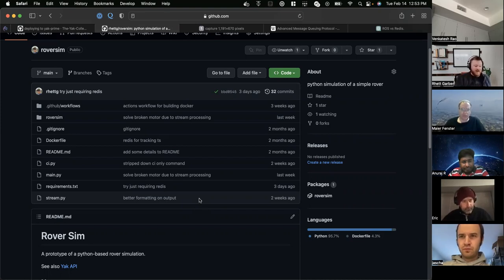Even the simulations we looked at had these ROS connector components, so you could imagine a Redis rover ROS connector. It's essentially the same fundamental architecture: you've got streams of sensor data, streams of commands from some brain, and the simulation has to run those.